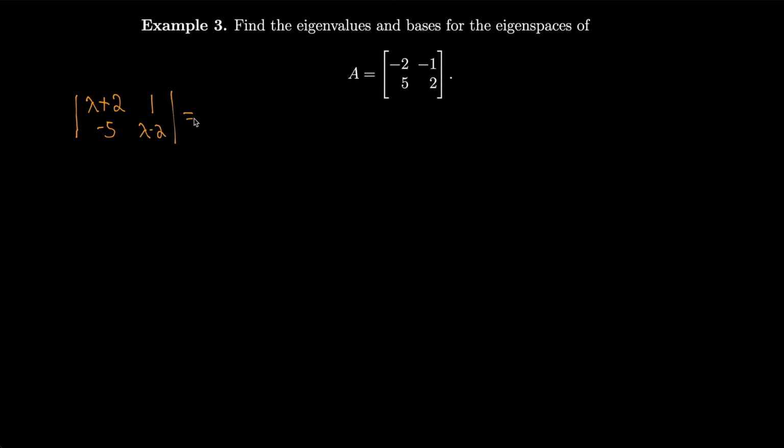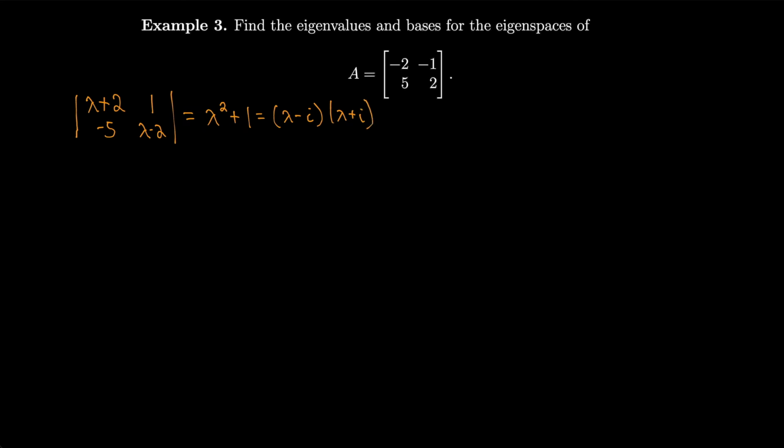And when we take this determinant, we get lambda squared plus 1: lambda plus 2 times lambda minus 2 minus minus 5. So that means that we can factor that as lambda minus i and lambda plus i.